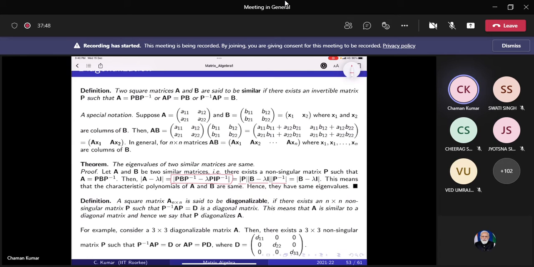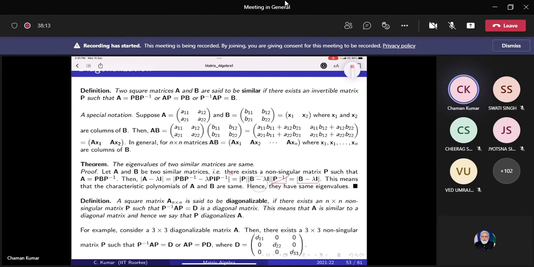And this will be equal to determinant of B minus lambda I, because determinant of P inverse is equal to 1 over determinant of P. Okay. So this term and this term cancel out. So you are left with the determinant of B minus lambda I.